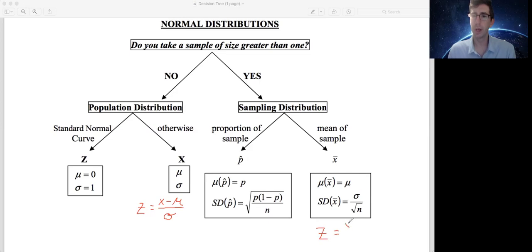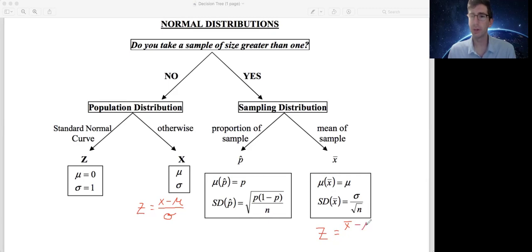now we're asked about one specific sample mean out of the distribution of all of our sample means, right? So instead of being interested in one specific x value, we're now interested in one of those specific sample means, out of all the possible sample means.